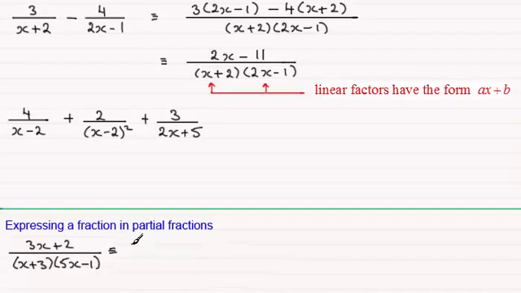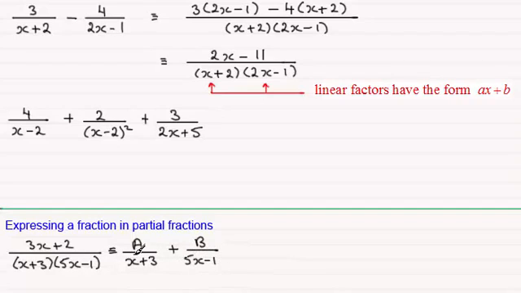A constant, we'll call that constant a. You can choose any letter you like, it doesn't matter. Choosing a though, over the first linear factor, x plus 3. And then for this other linear factor, we'd have another constant, and I'll just say plus b, divided by that linear factor, 5x minus 1.